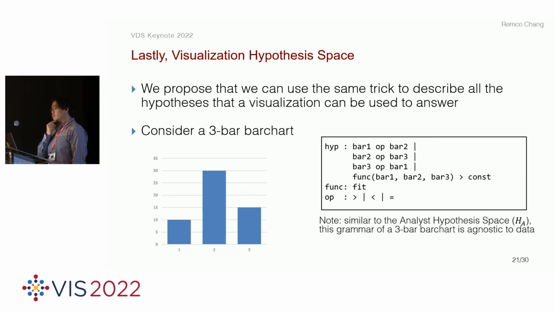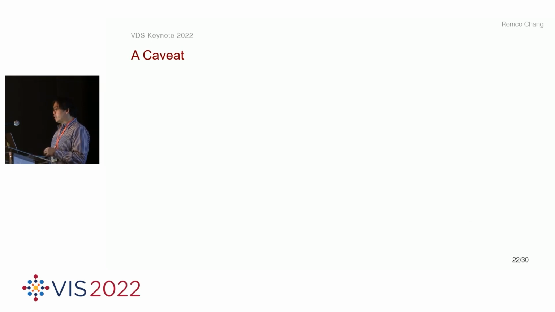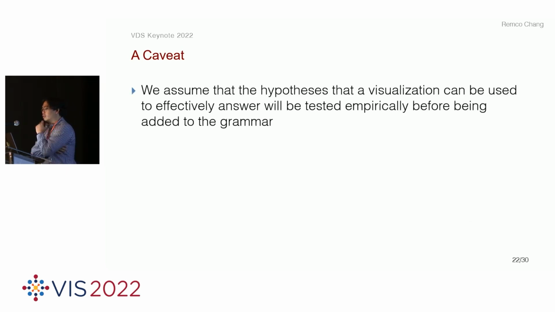Similar to the analyst hypothesis space, this grammar of a 3-bar bar chart is agnostic of data. We haven't touched on data at all. We just talk about the things you can do with a 3-bar bar chart. There's a minor caveat here, which is that we're assuming that the hypotheses a visualization can effectively be used to answer will have to be tested empirically before being added to the grammar.